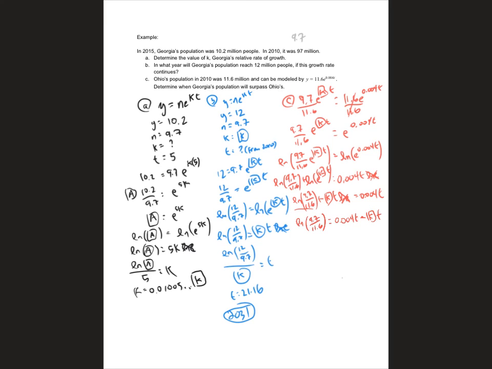That allows me to factor out the common factor of t. And then I can divide both sides by that thing that's being multiplied by t.